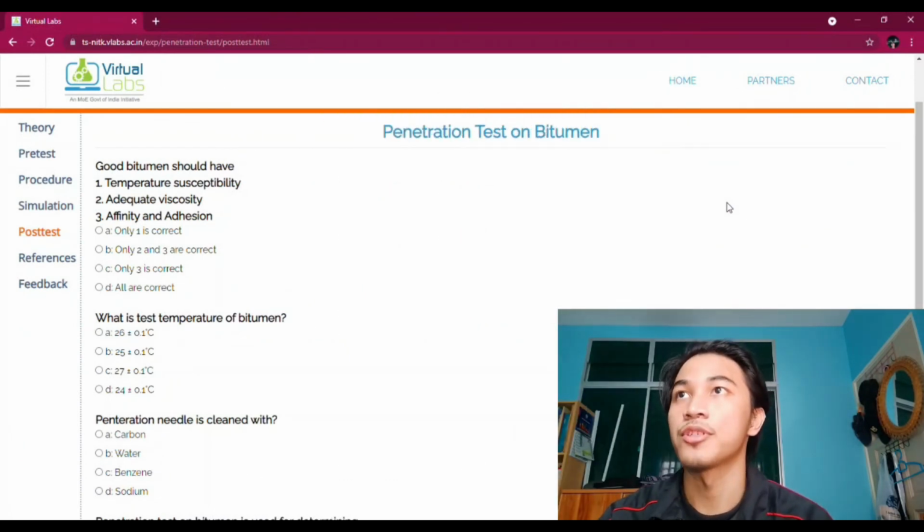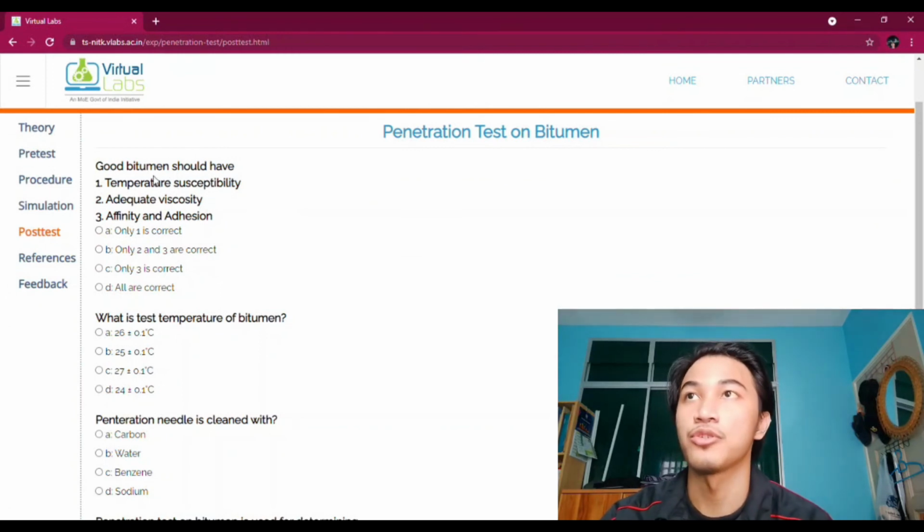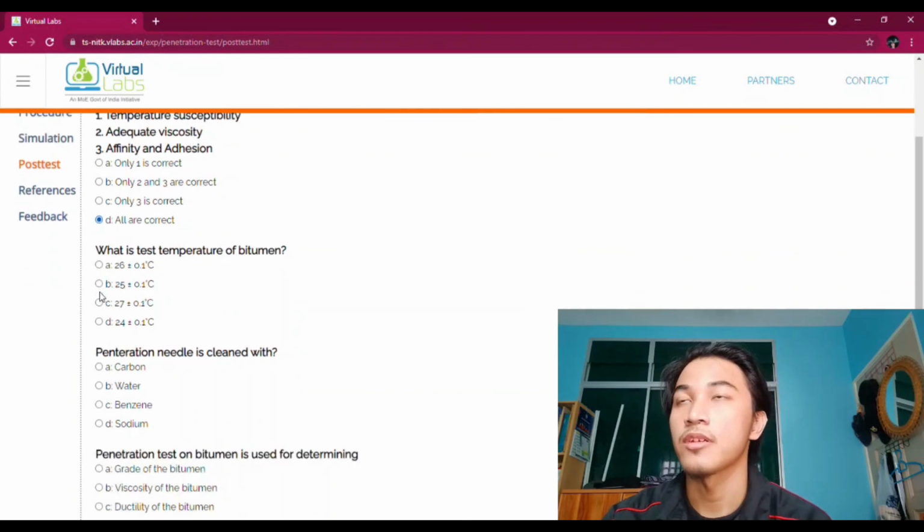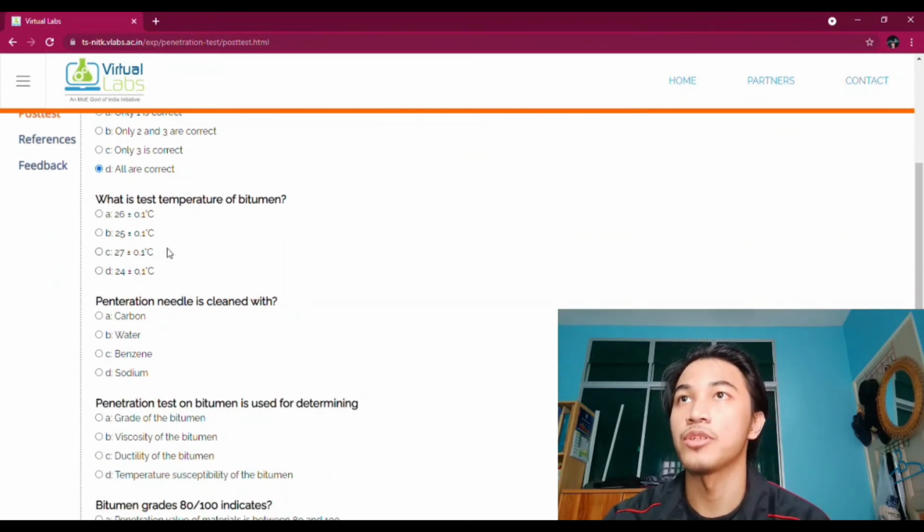So for the post-test of the penetration test on bitumen, first, a good bitumen should have 1. Temperature susceptibility, 2. Adequate viscosity, 3. Affinity and adhesion. So D, all are correct. Next, what is the test temperature of bitumen? B, 25 plus or minus 0.1 degrees Celsius.